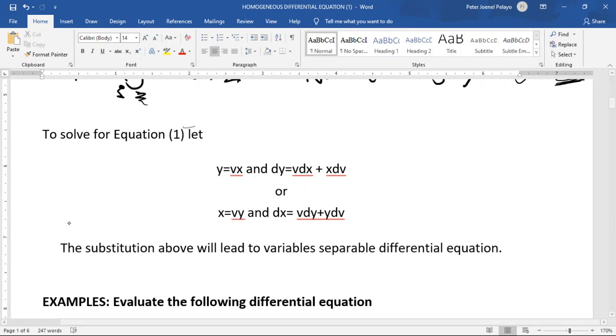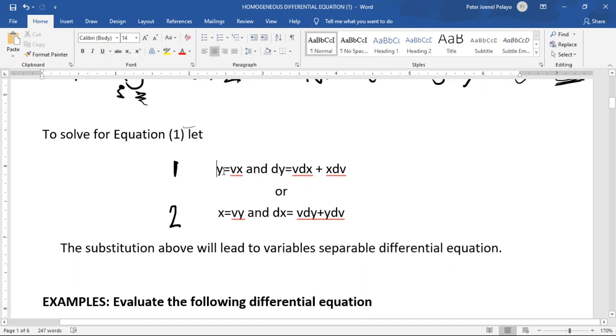So, una, ito si choice 1, ito si choice 2. Now, si choice 1, y is equal to vx and dy is equal to v dx plus x dv. So, etong dy, kinuha lang pag dinerivative mo both sides. So, pag dinerivative mo si y, dy, and then this is derivative, so multiplication siya. So, v dx, x dv.